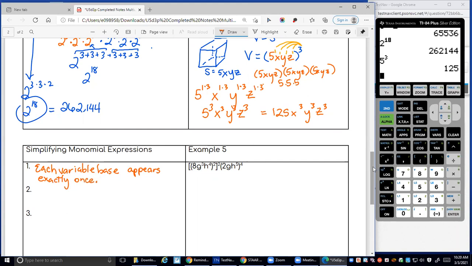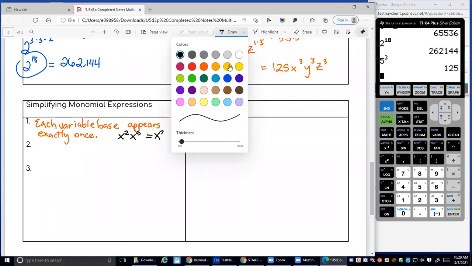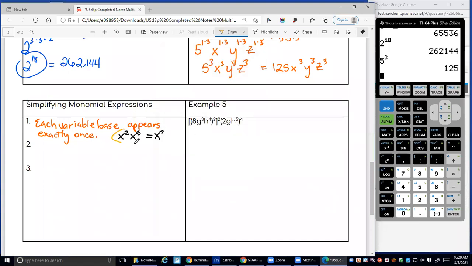Let me give you an example. If I had x to the power of 2 times x to the power of 5, I've got the same base more than once. That is not simplified. This would be simplified. So I'm going to put a little no on that one. That's not simplified. Okay.